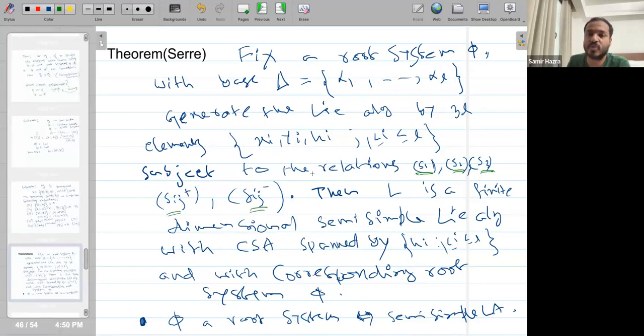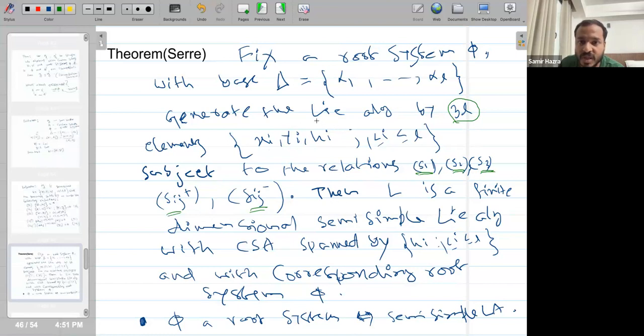So this is a generator-relation description.